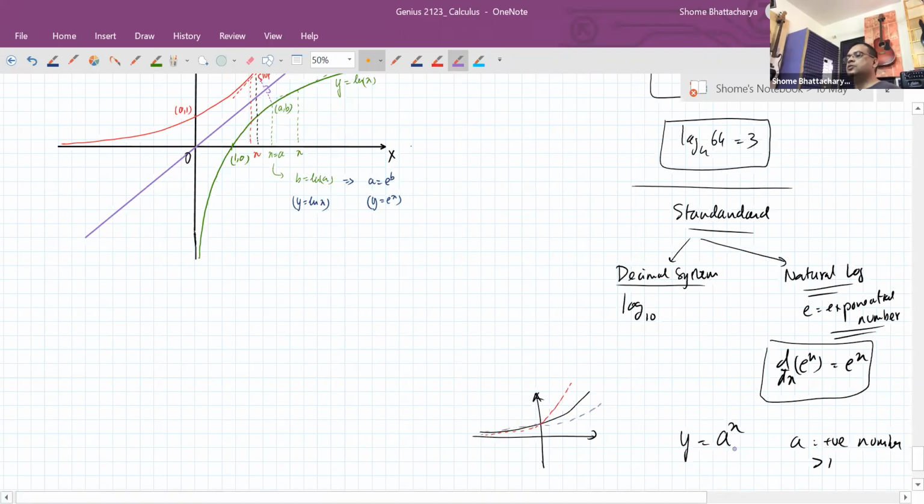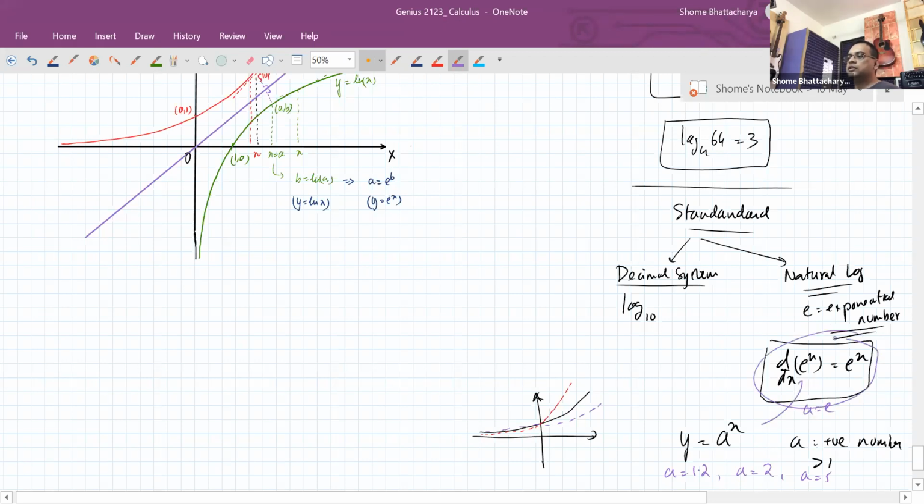So if you take a as 1.2, or 2, or 5, you can compare all these graphs. But none of them will have the feature that the slope of the tangent is equal to the y coordinate. That will only happen when a's value is equal to e.